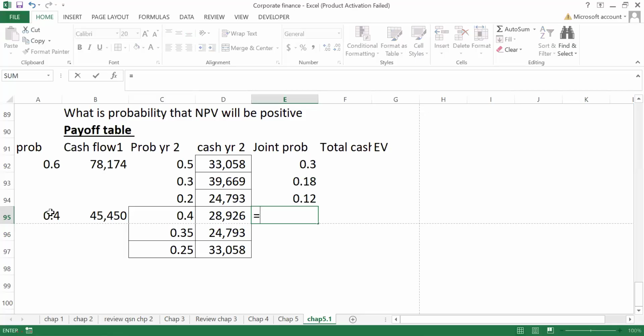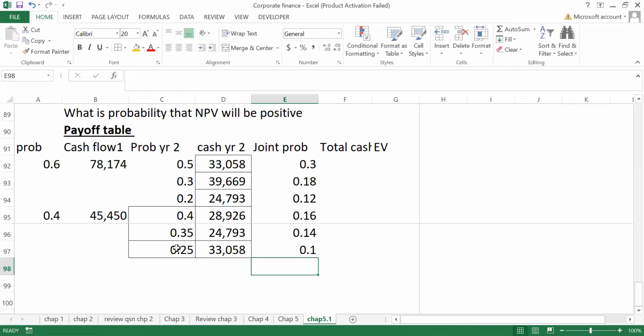Here it's going to be 0.4 times this, and this will be 0.4 times this. So that's going to be the joint probability.